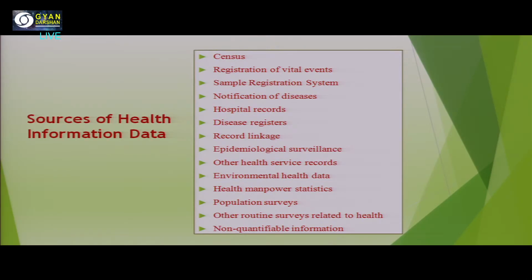Then other health records, environmental health records, then health manpower statistics, like you get the nurse patient ratio or doctor patient ratio. So that also can be analyzed through these records, and other routine surveys related to health as well as non-quantifiable information. So all these are the sources of health information from which we generate data.